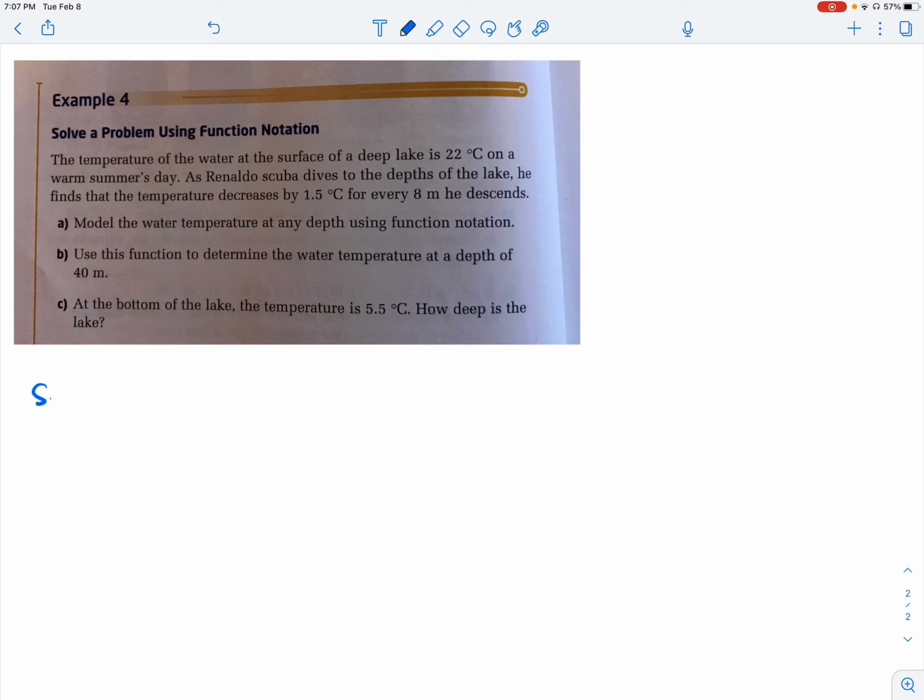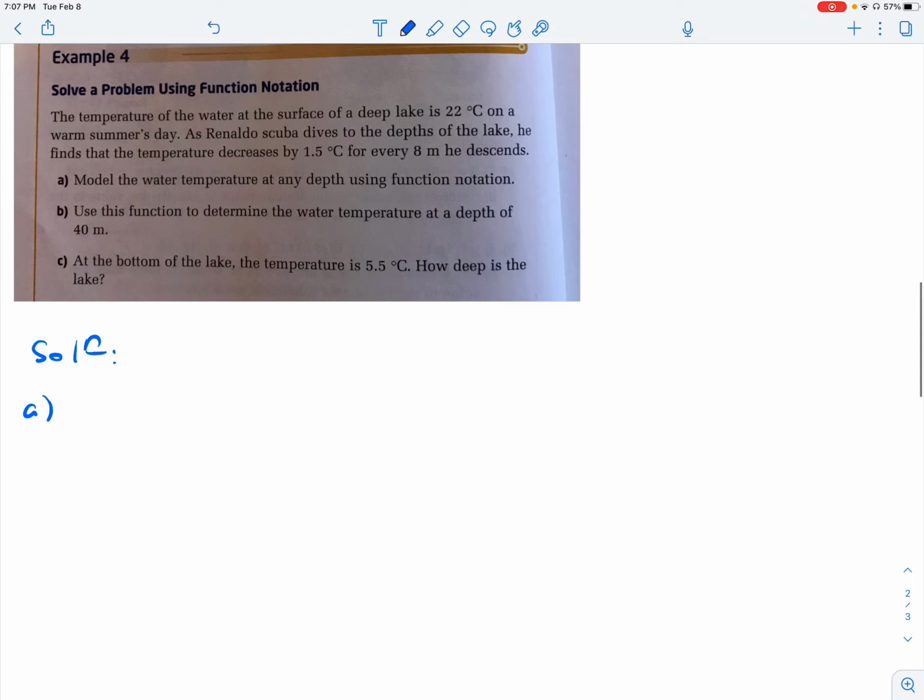All right, so here is our solution to part A. We will need to set up some variables to get this equation. So I'm just going to say let D represent the depth. It's a nice symbol for depth.